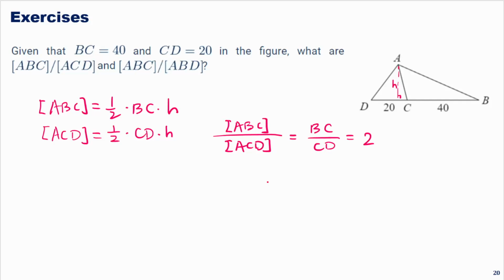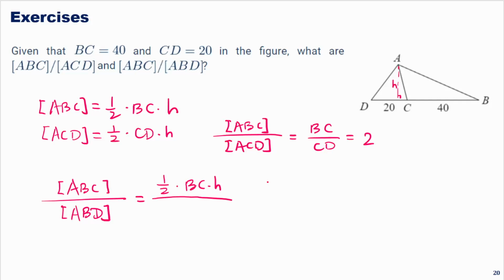And similarly, the altitude from A in each of triangle ABC and triangle ABD has length H. Therefore, we also know the ratio of area ABC and area of ABD equals half of BC times H over half of BD times H. So that equals BC over BD, right?